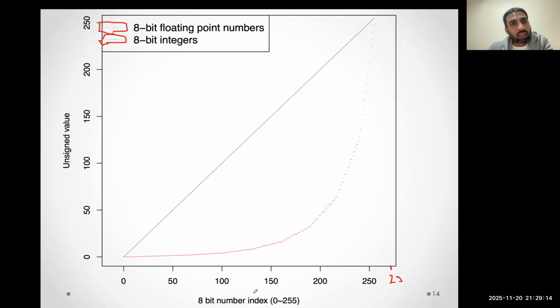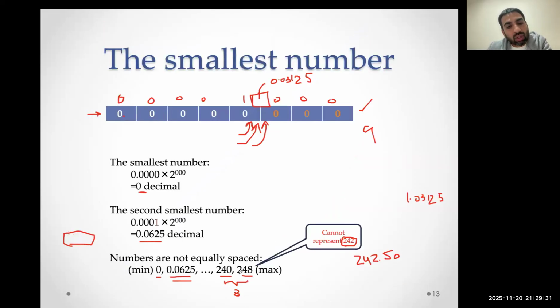But if we use the 8-bit floating point numbers, what we see is that the gap between the numbers on the smaller side is smaller as compared to the gap between the numbers as we go to the bigger side. If you remember, the maximum value we have is 248 and the second maximum is 240. The difference is 8, right?